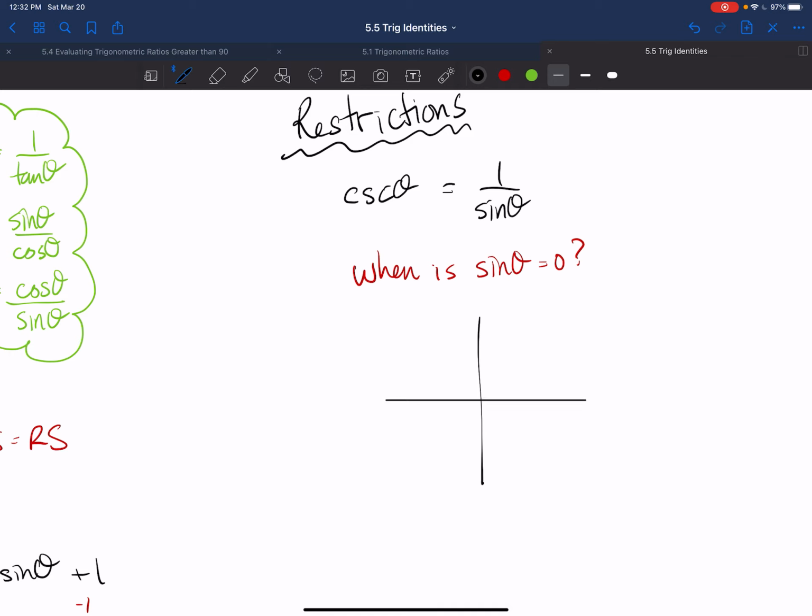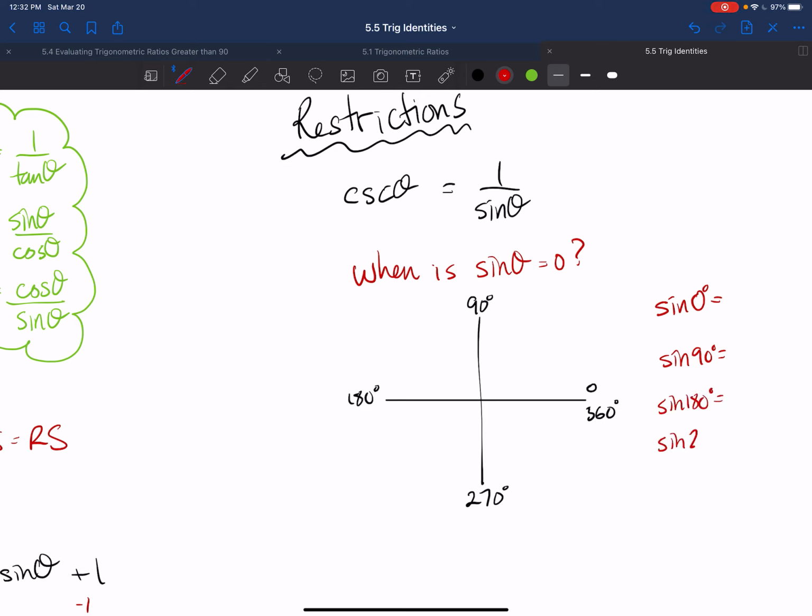So you're going to take the sine of 0, the sine of 90, the sine of 180, 270, and 360, and you're going to figure out what it's equal to. So the sine of 0 degrees, the sine of 90 degrees, and so on.